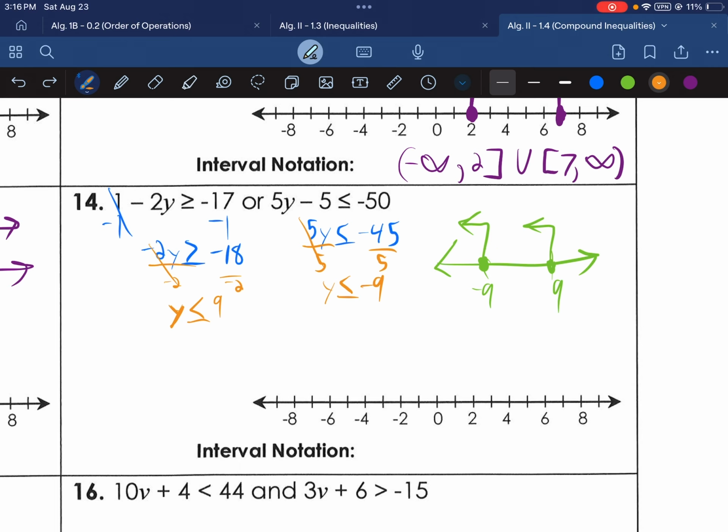And so that's the one we want. So we're not concerned about this, only this inequality. So we reflect that in our graph and just graph the closed circle at 9 and go to the left. And our interval notation reflects that as well: negative infinity, comma 9 with the bracket. And I only include that one for my box answer as well.